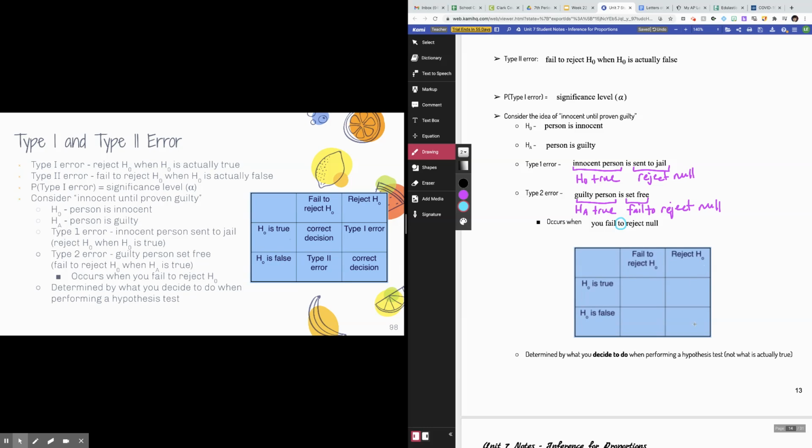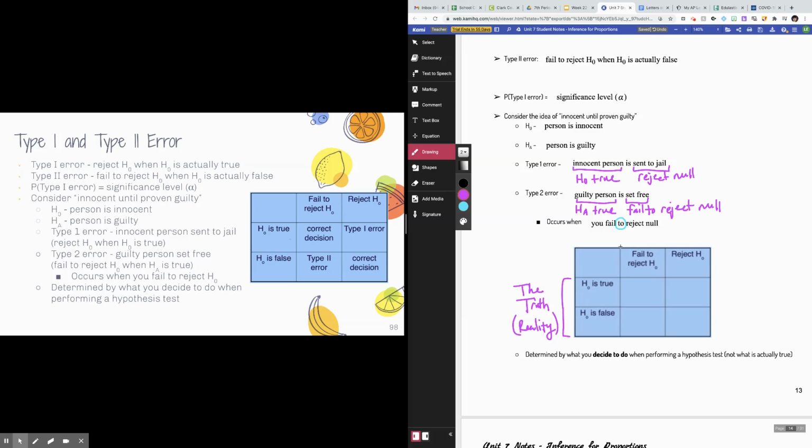Okay, so we have this lovely little diagram here that helps us summarize this idea. Here, either the null being true or the null being false, that is the truth, or the reality.